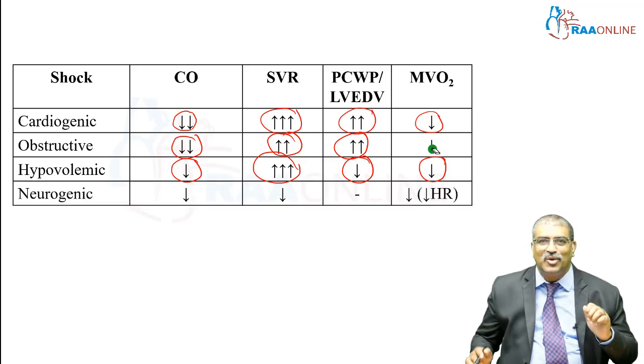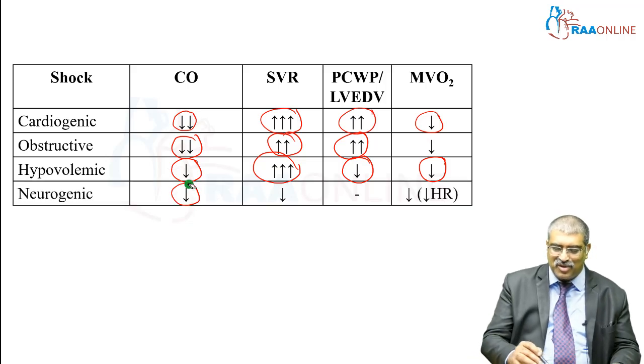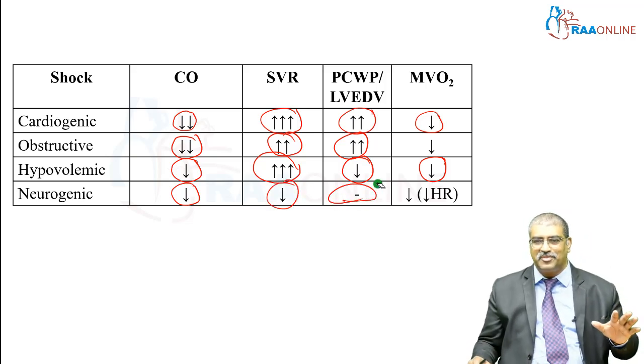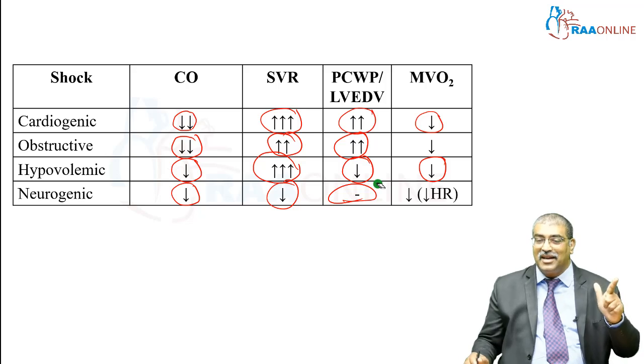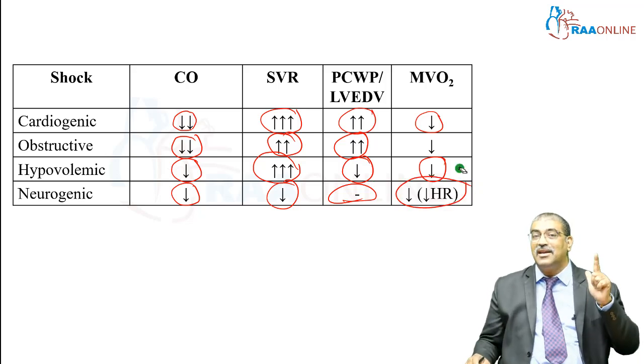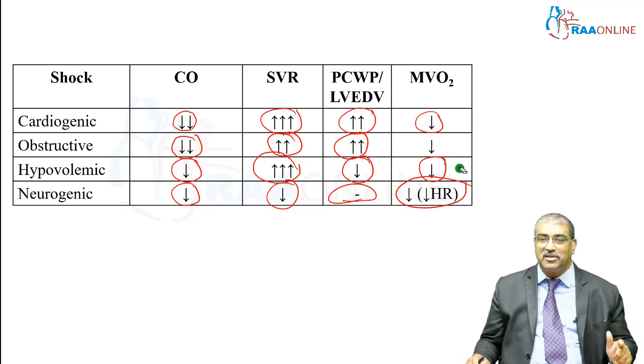Coming to neurogenic, your cardiac output is low, SVR is low, it doesn't have any effect on pulmonary capillary wedge pressure, and in neurogenic, as I said earlier, there is going to be bradycardia. That is a distinguishing feature of neurogenic shock, and your MvO2 is low.